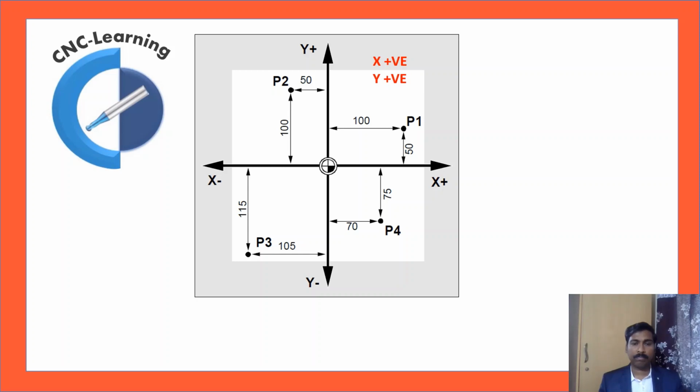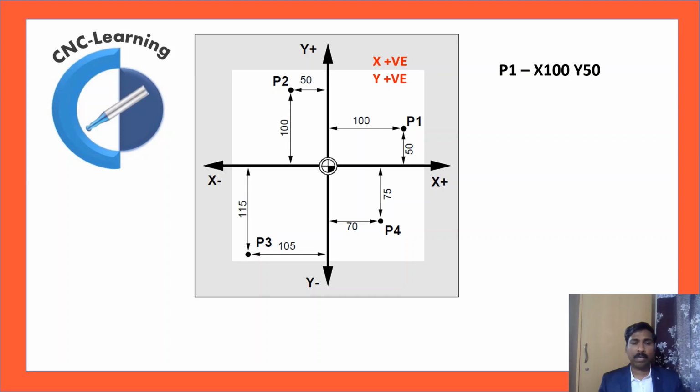This is 0, and anything from this side to right side is X plus, left side is X minus, top is Y plus and bottom is Y minus. So at this point, X axis distance is 100 and Y axis distance is 50. So this point P1 would be X 100, Y 50.